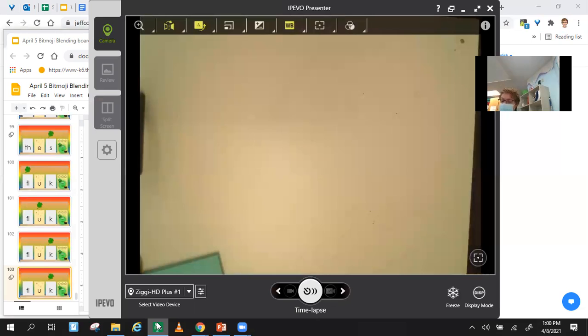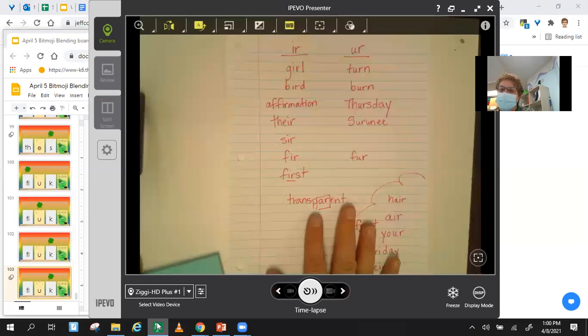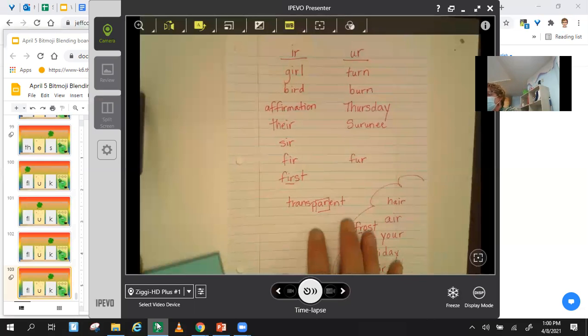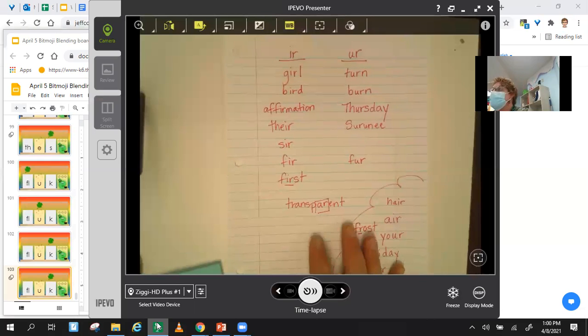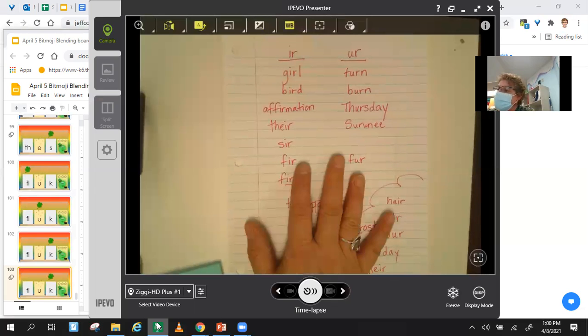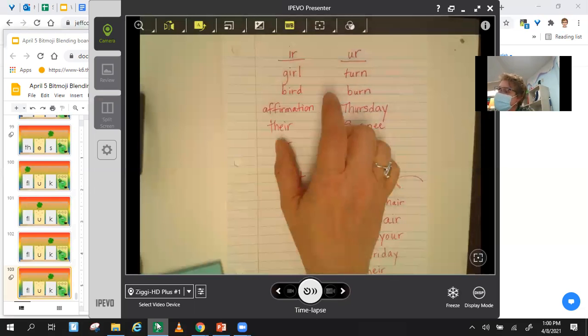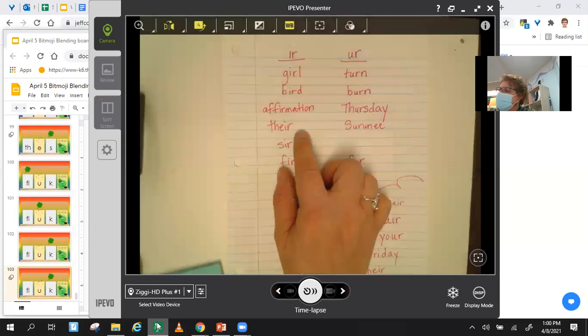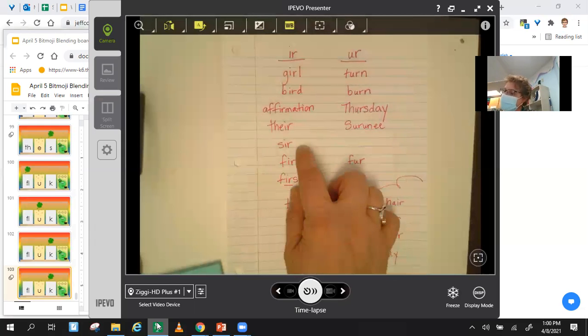All right, so we have our IR and UR as our bossy R letter duos for the week. Let's think about the ones that we already did, and then I've got some magic squares to see if we can come up with any more. So we have girl, bird, affirmation, sir, fur, first.